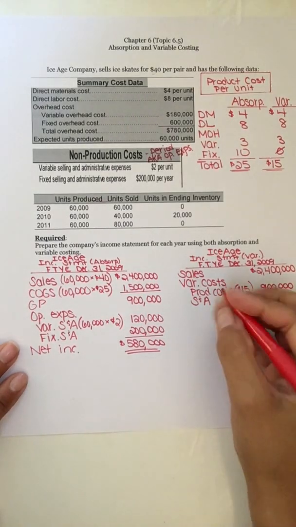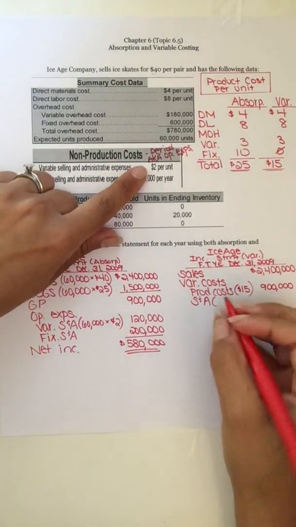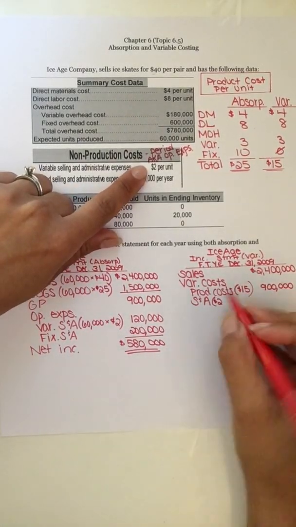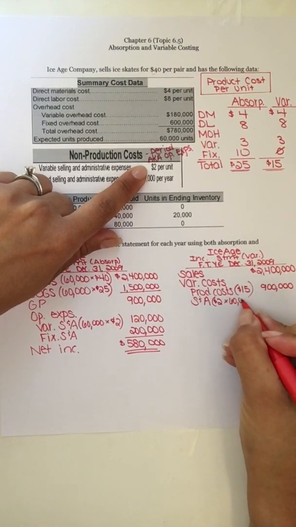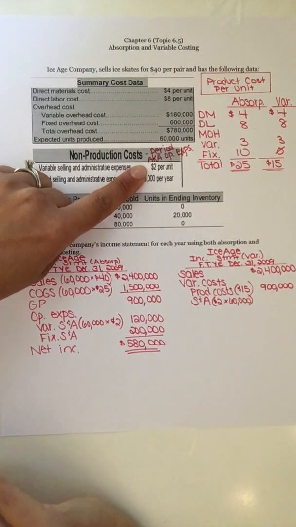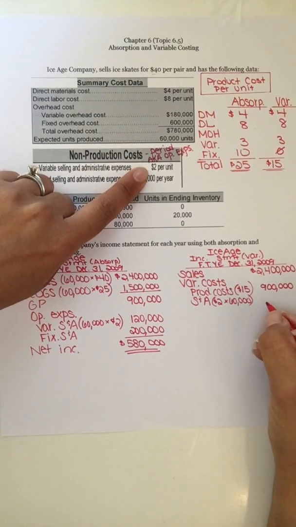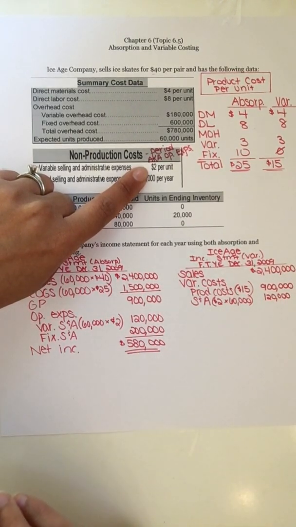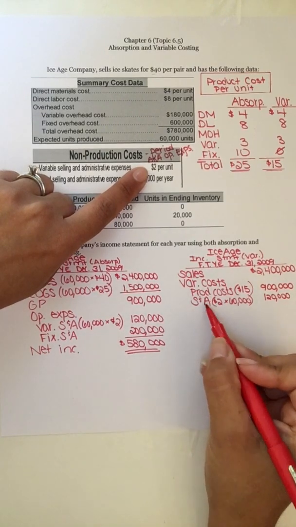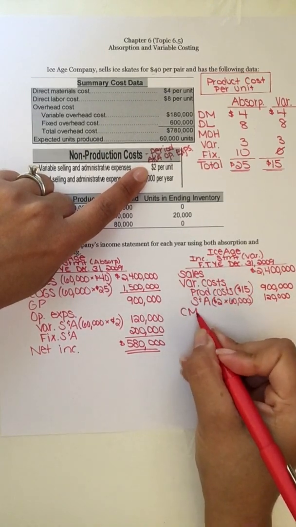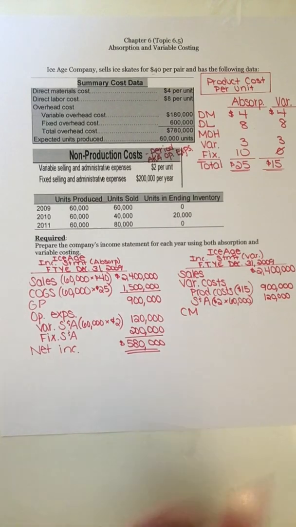Now S&A. We remember S&A is $2 per unit times the units sold, which is the same as in the previous example, 60,000 units sold, so that gives us the $120,000 we had over here. Subtract all your variable costs from sales. We know that gives us contribution margin.